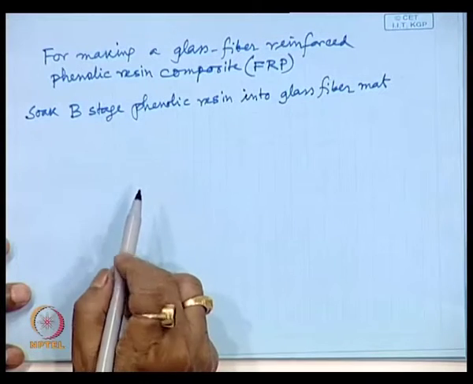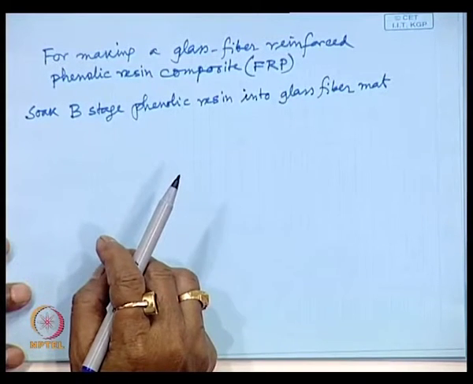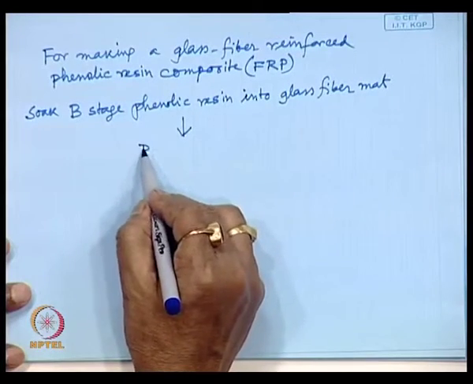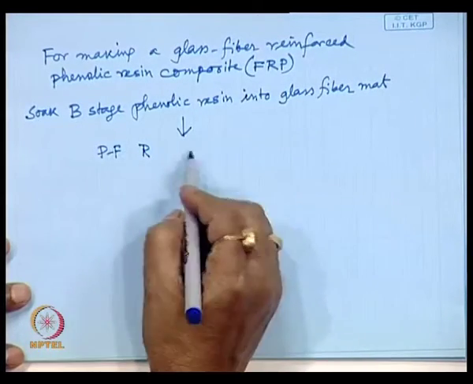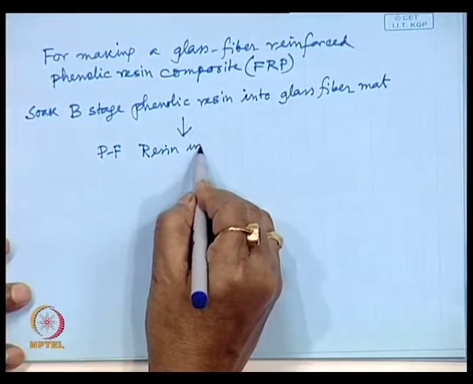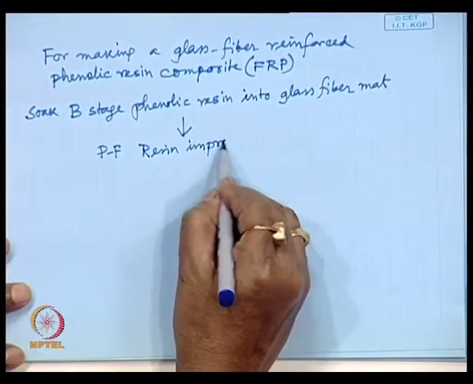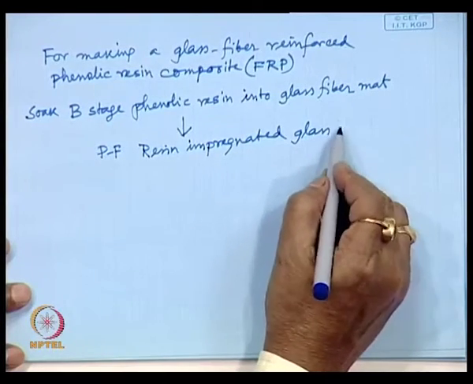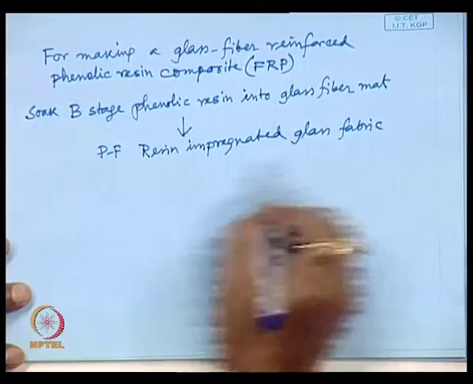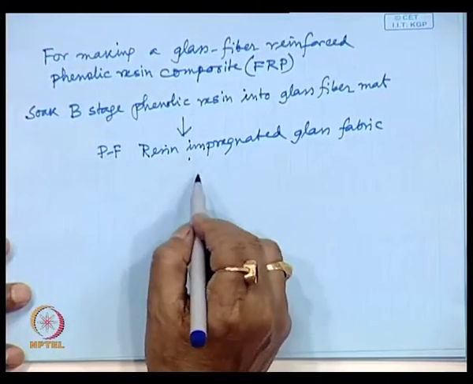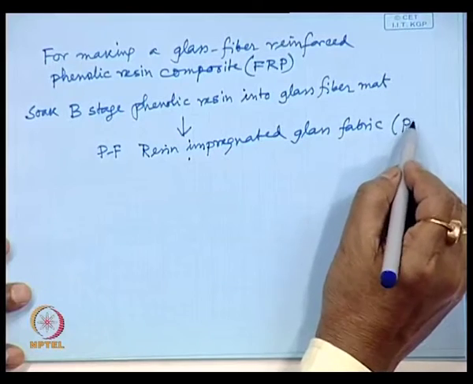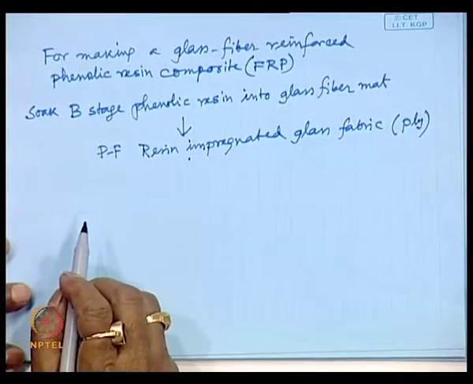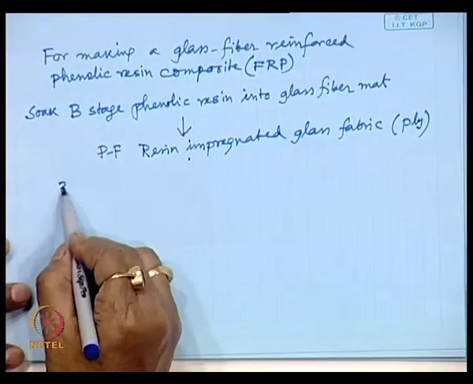Then you will get PF resin impregnated glass fabric, called a ply, one ply.